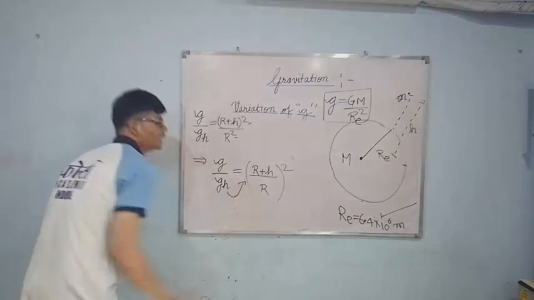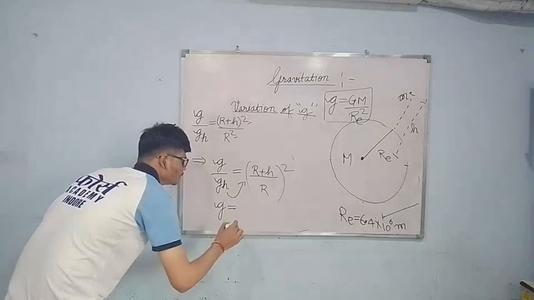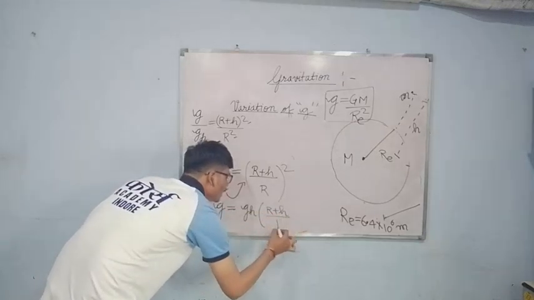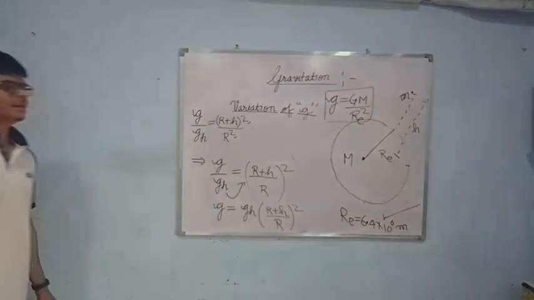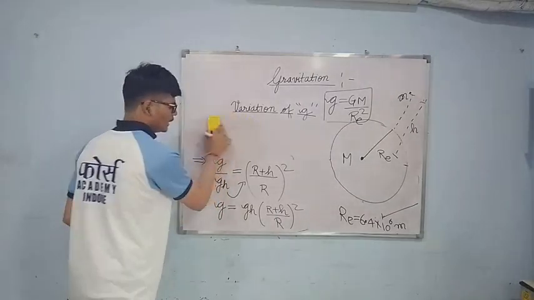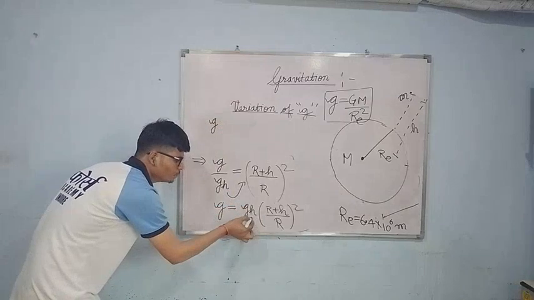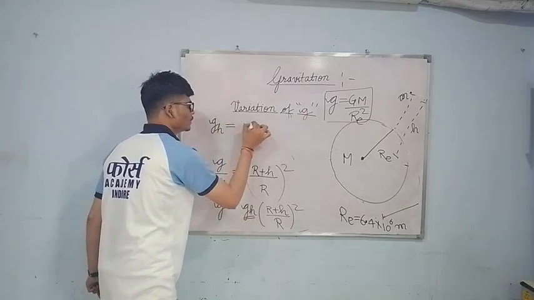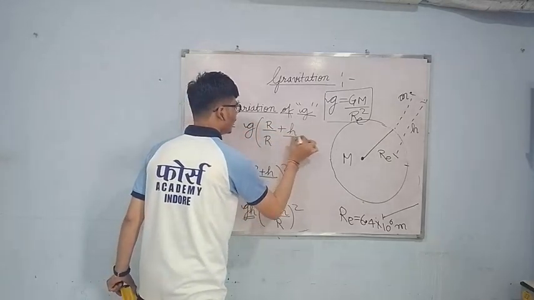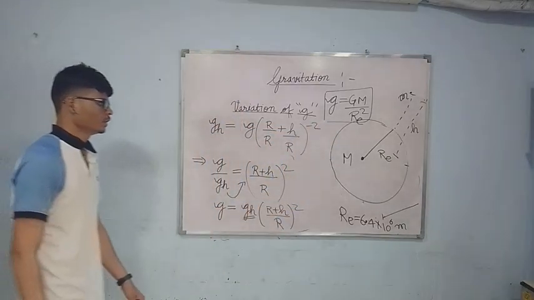On shifting g_h here, we get g is equal to g_h times (R plus h upon R) whole square. On the next step, we take the value in terms of g_h. So g_h is equal to g times (R plus h by R) to the power minus 2.